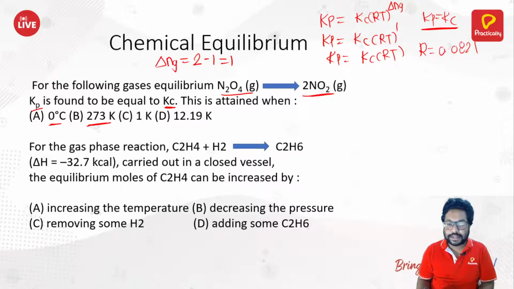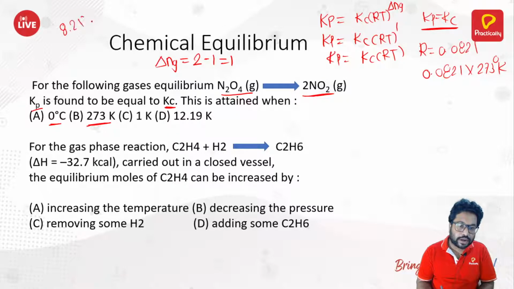So let's take 273 into R. R is 0.0821 multiplied by 273 Kelvin. Let's make 0.0821 into 8.21 times 10 raised to minus 2, multiplied by 273. Let's take 8 only so that it will help our calculation. 273 into 8: 8 3s are 24, 4 and carry 2. 8 7s are 56 plus 2, 58.